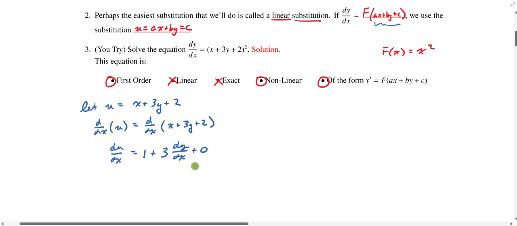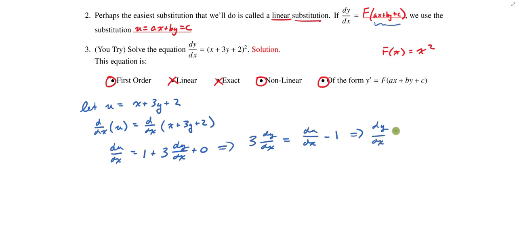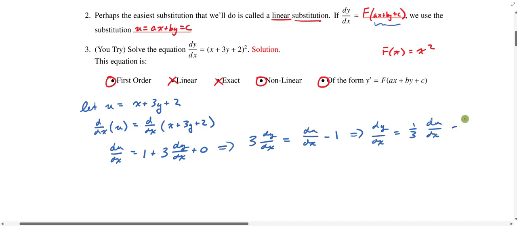The key reason is that x is linear, and there's no y component in the derivative of the linear expression, meaning it is straightforward to solve for dy dx. If I solve this for dy dx, I end up with 3 dy dx equals du dx minus 1, or dy dx equals 1/3 du dx minus 1/3.